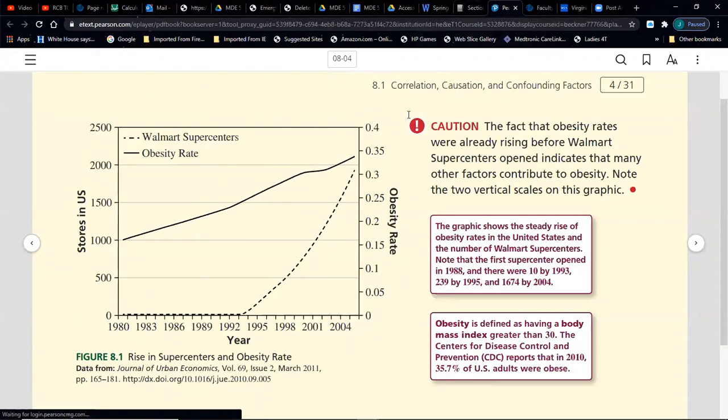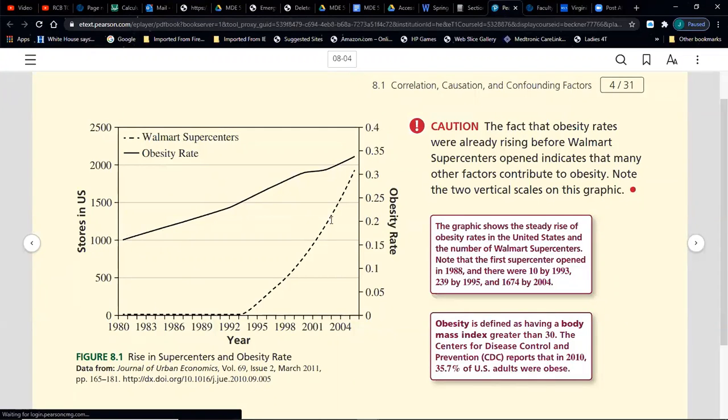So again, the point is, this type of graph or chart with two types of data that have nothing to do with each other except maybe correlation, this is terrible and a great way to misinform or confuse the masses. Okay, so when you look at this, you see, oh, the obesity rate's going up over time.